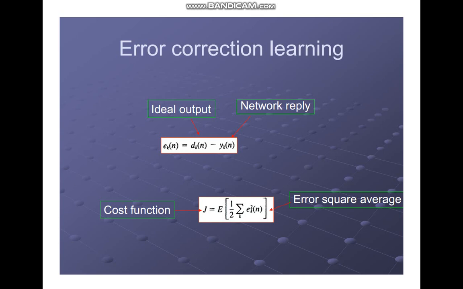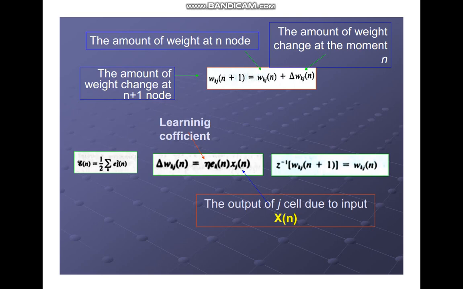With respect to the error signal, we use a cost function such as the least square error to update the weights. To update the weights, the new weights are equal to the old weights, the weights at n, plus the weight changes at moment n.